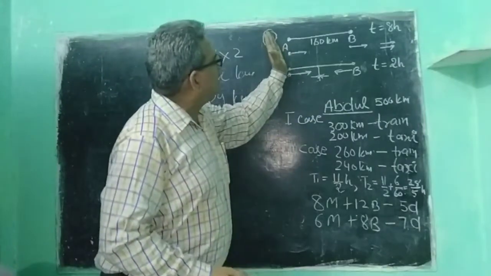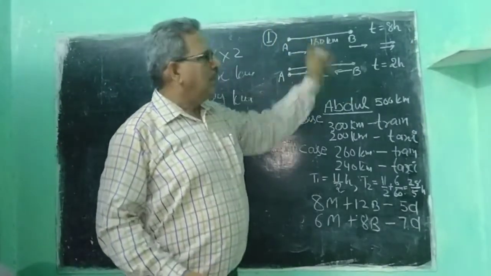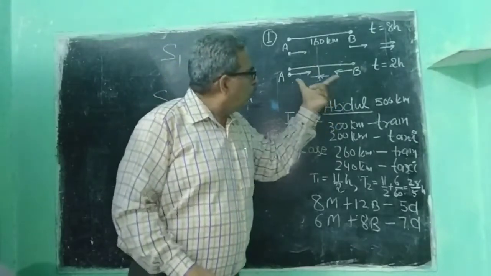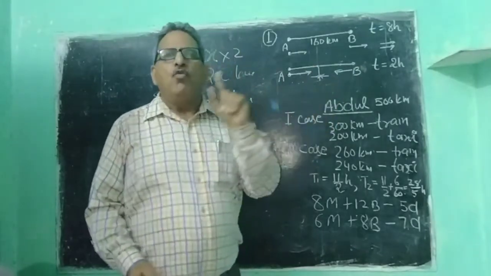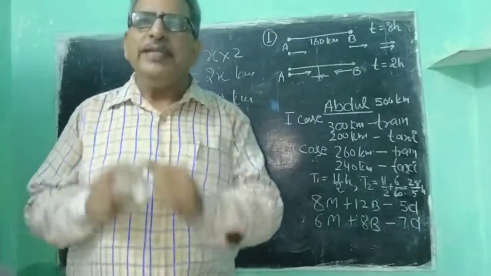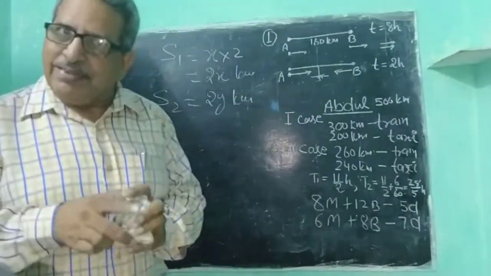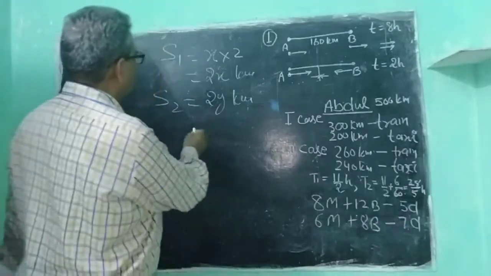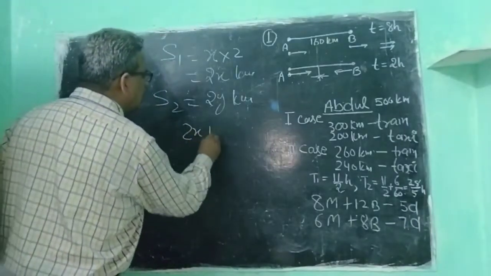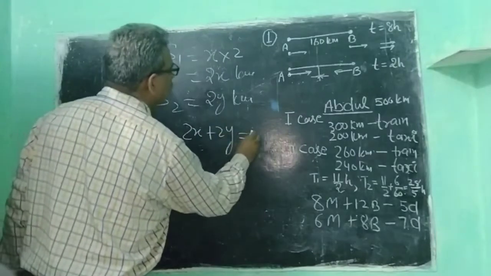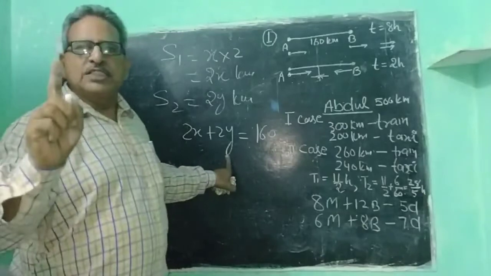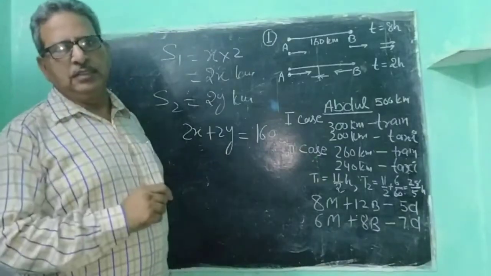The sum of the distance covered by this car and the distance covered by this car is the total distance, 160 kilometer. Clear? So according to the statement, 2x plus 2y is equal to 160. This is the second equation.